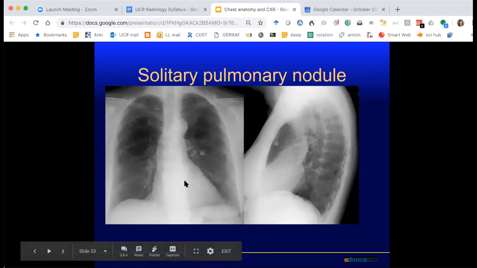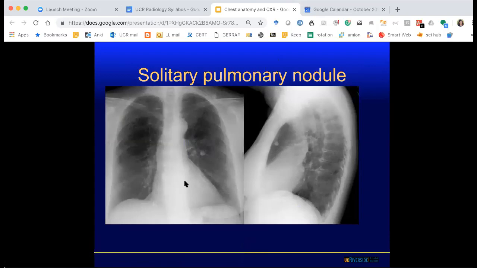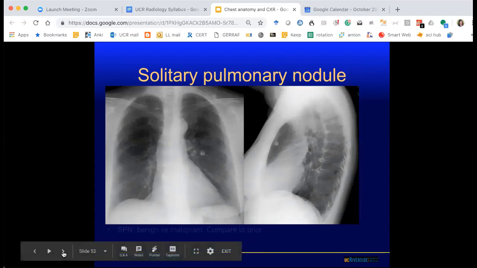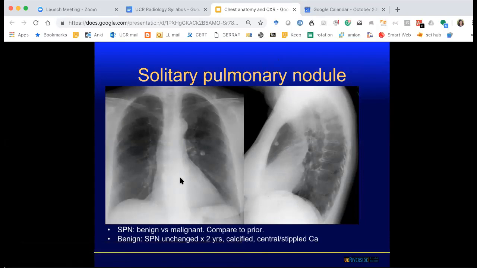Okay, so here there is a nodule. Where is the nodule? Which lobe? Left superior. Yeah. So here we see this nodule in the frontal, and then on the lateral we see that it's superior to the typical location of the major fissure. And how do we know it's benign? Or if you don't think it's benign, why is it not benign?